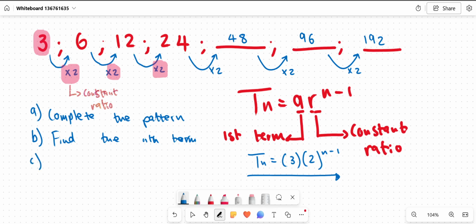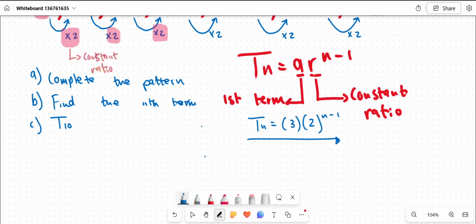Then question C would ask us to find term 10 of the pattern, or the 10th term of the pattern. And to do that, you would take your formula of the pattern, and you would substitute 10 wherever you see n.